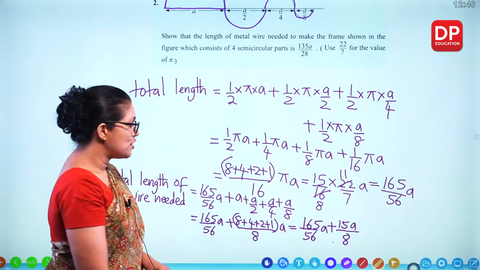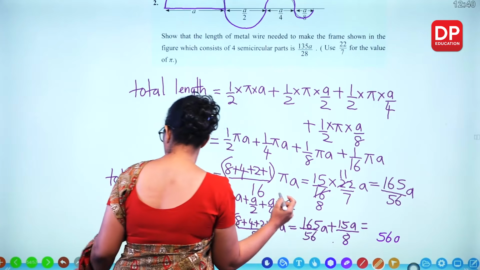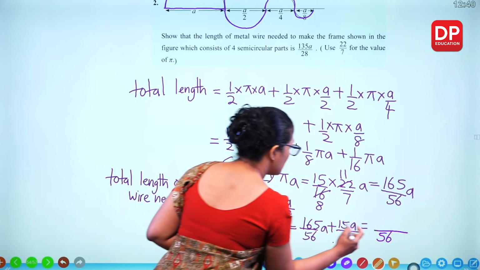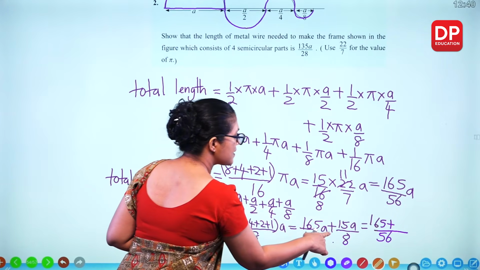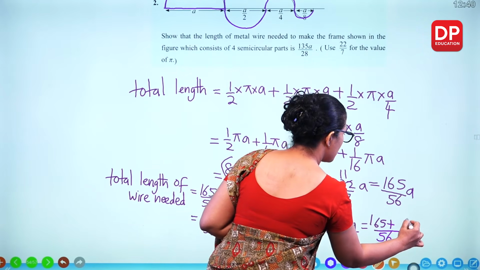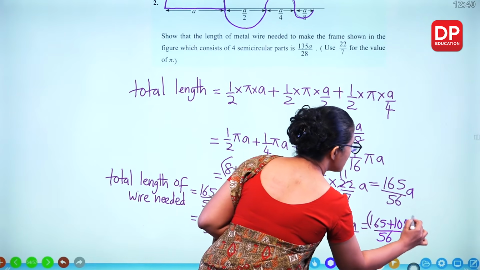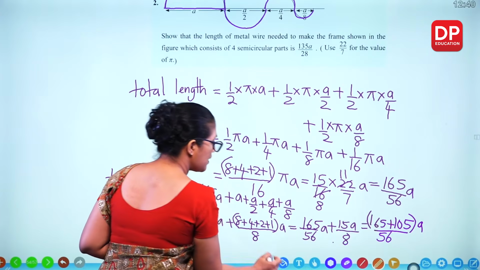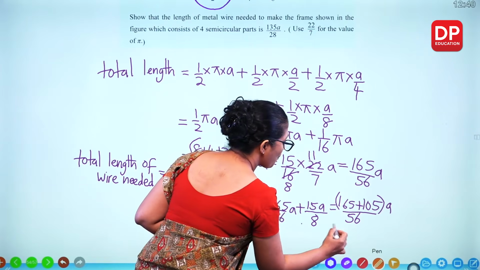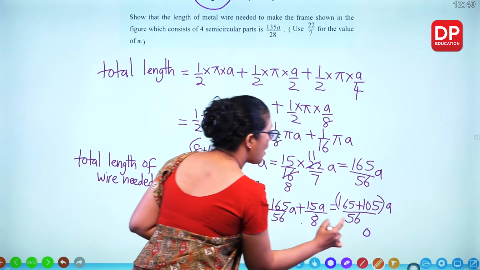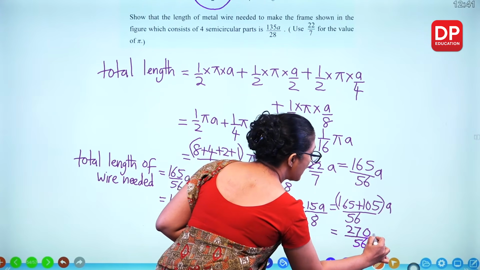Now convert to the same denominator. That's 56. So 165 plus, multiply by 7, 7 times 5, 35, 7 times 1, 7 plus 3, 10. And this is A. Now add it together, you get 270 over 56A.